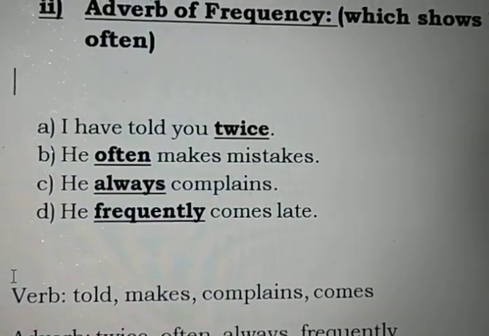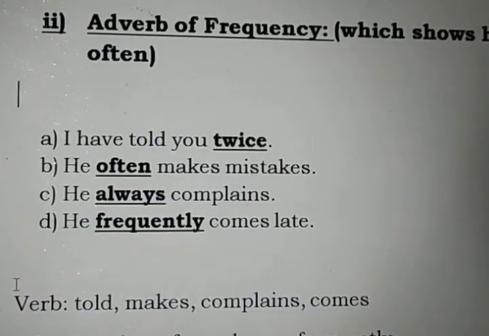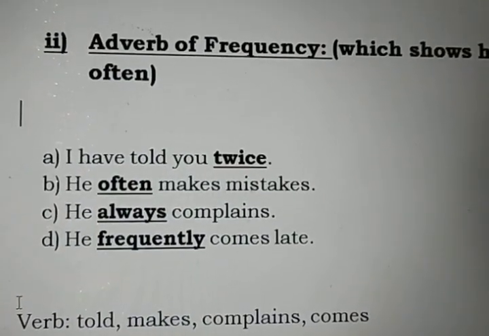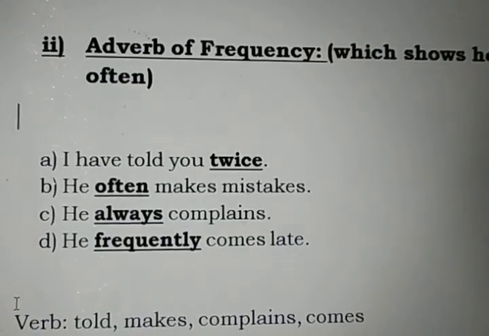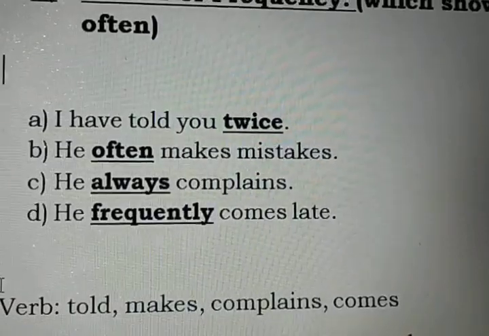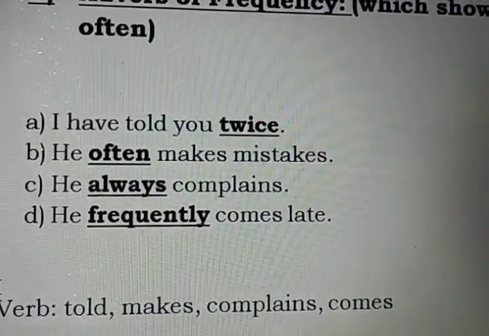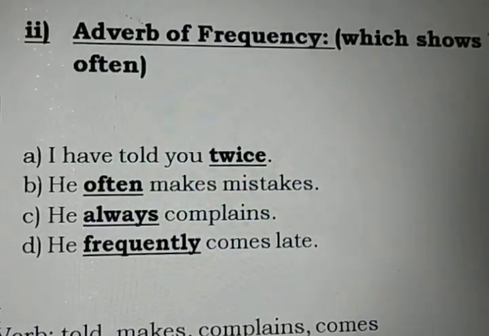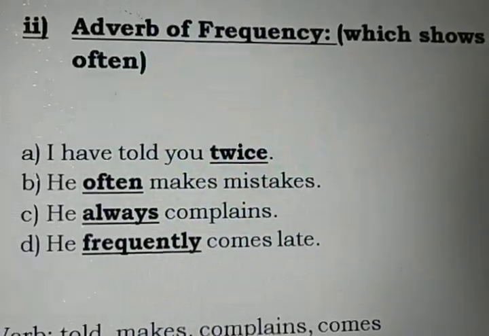Third one, he always complains. So he's having a complaining nature. So he always complains. So the word always is your adverb of frequency. It tells you how often he complains. Next one, he frequently comes late. The word frequently, adverb of frequency, tells you how often he comes late.